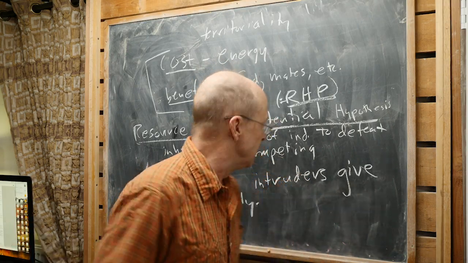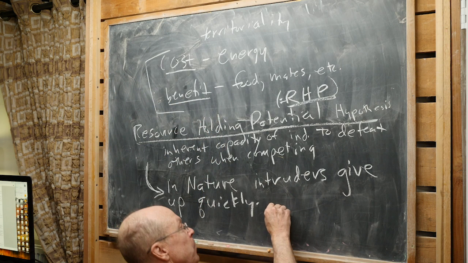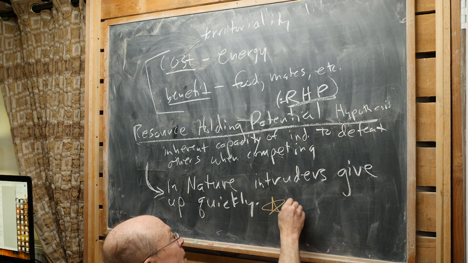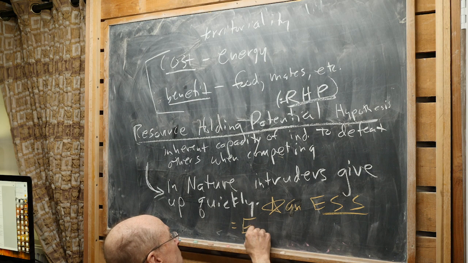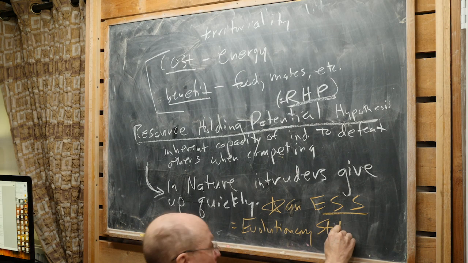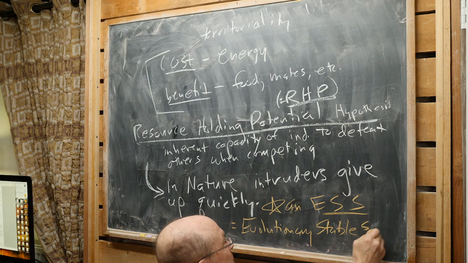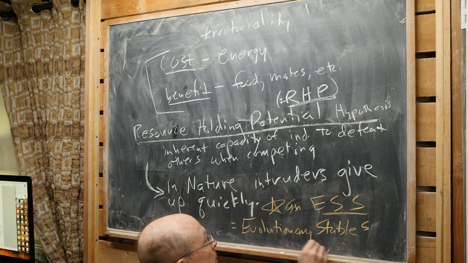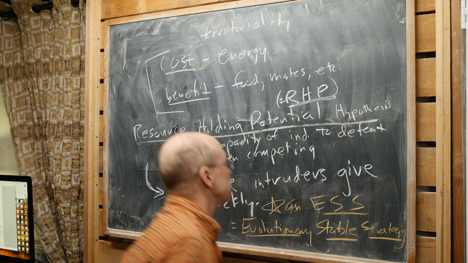You're going to beat me. So in nature, the intruders give up quickly. We call this an ESS, which is called an evolutionary stable strategy. That's what an ESS is.